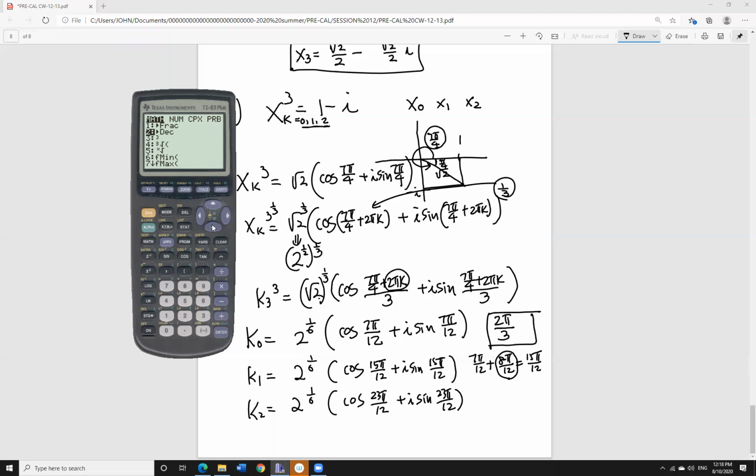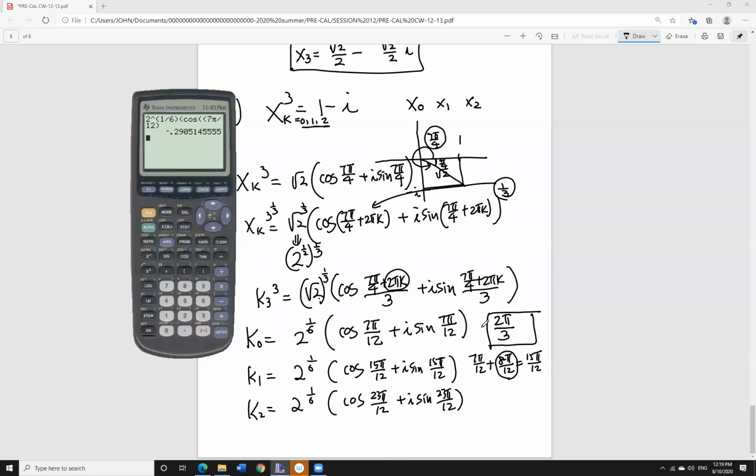Where is i? Anyway, let's find the real number first. Real number first. Enter. Negative 0.29.